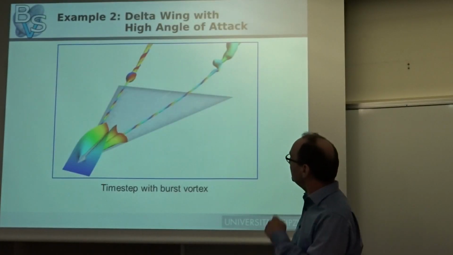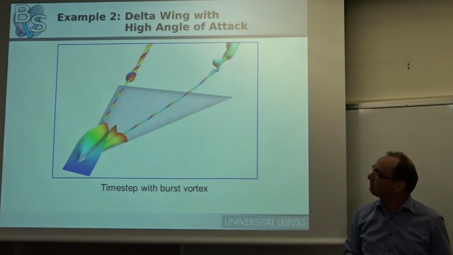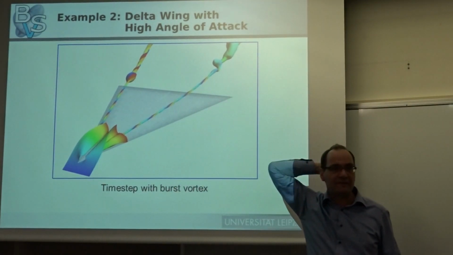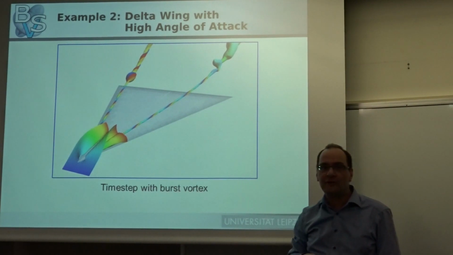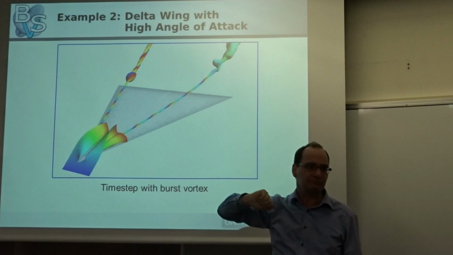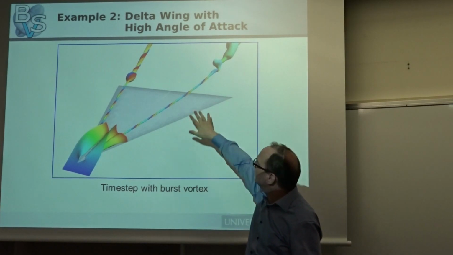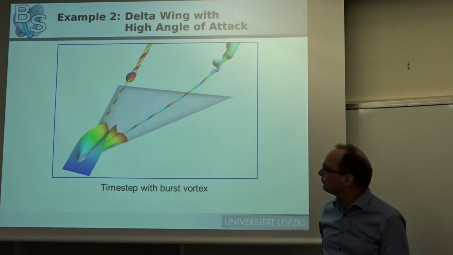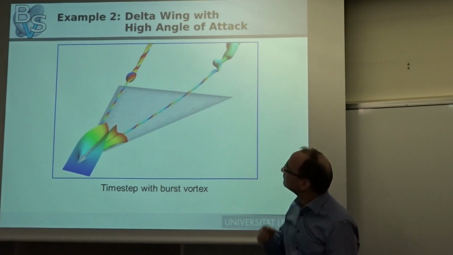I promised you to look at something more serious. This is a delta wing, and it's a famous shape for building very fast airplanes, especially also for military purposes. And so we work together here with the DLR, that's the German Center for Aerospace and Aerodynamics.